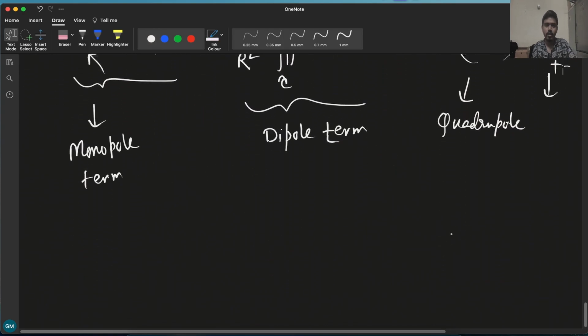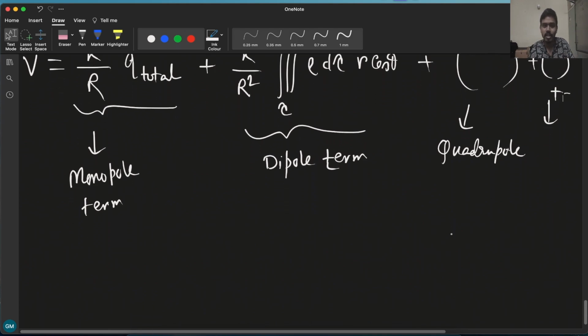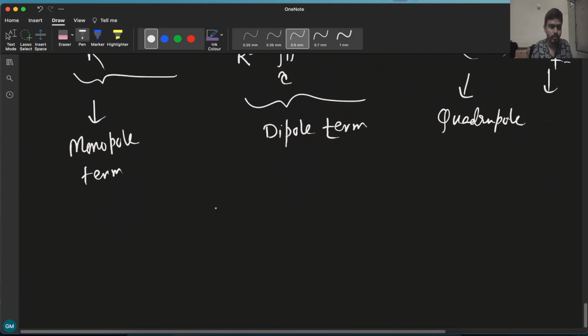This is how the potential because of an inverse square force can be written in terms of the Legendre polynomials. It's a very important application, and whenever you learn electrostatics and gravity, you will apply these Legendre polynomials, right? So that's all for the application part.